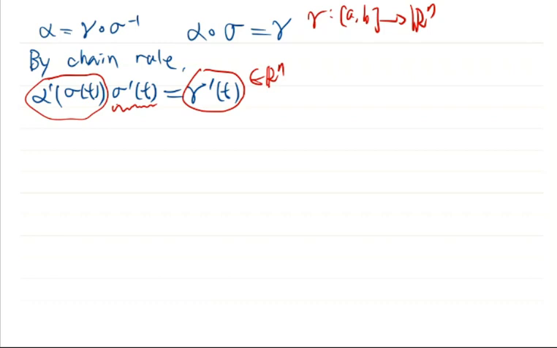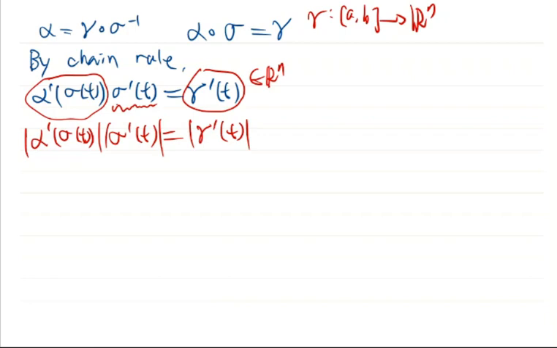Now this is an equality of vectors. Taking the norm, we get the norm of alpha prime of sigma of t, times the absolute value of sigma prime of t. Of course, the derivative of sigma is positive when it exists, so the absolute value is not necessary, but it is better to write it. Then this is equal to the norm of gamma prime of t.